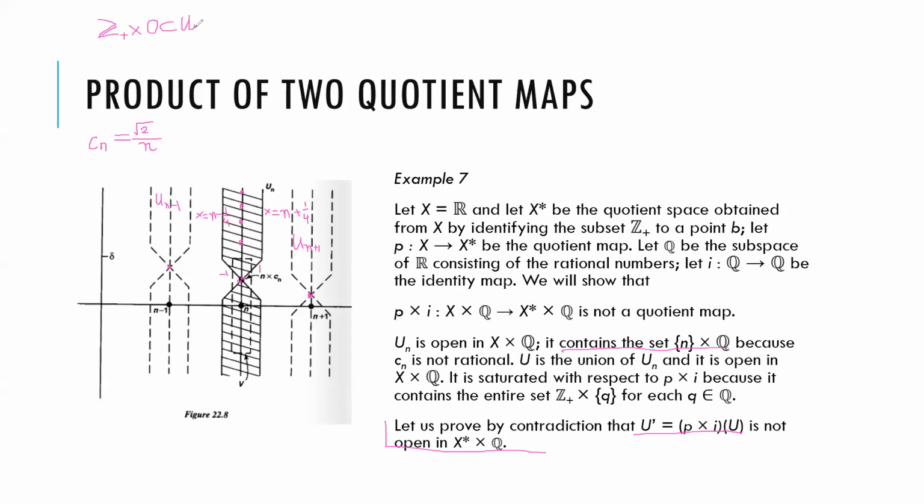And it follows that U prime contains an open set of the form W cross I delta. And Y is a neighborhood of, wait, did I put them the other way around? Because this doesn't make sense.